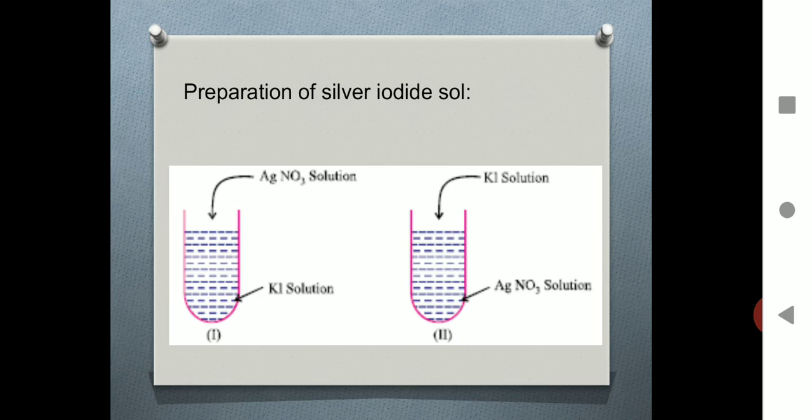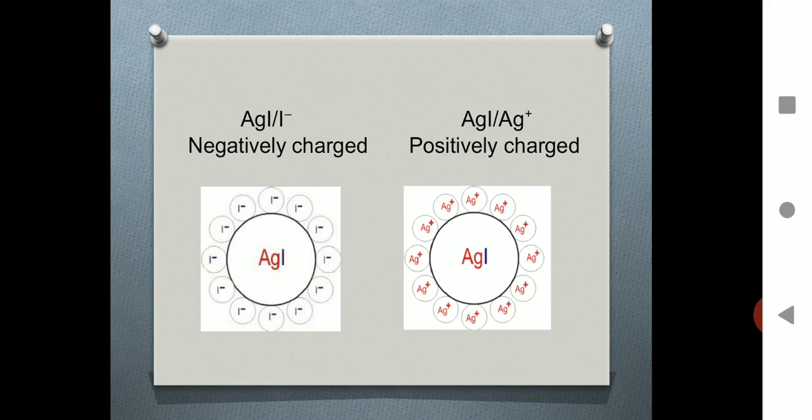Since silver ions are positively charged, the colloidal particles will acquire a positive charge and the resultant sol will be a positively charged sol, as is very clear from the diagram shown here. The first case results in a negatively charged sol and the second case results in a positively charged sol.